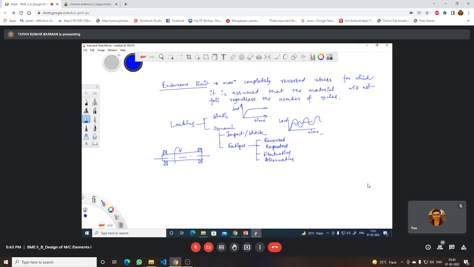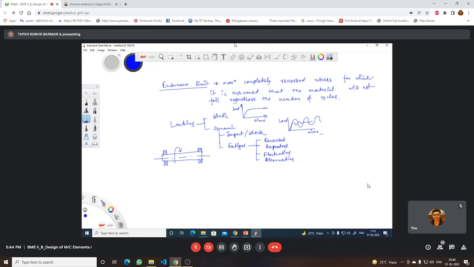Using yield point stress or ultimate stress will not work for a component subjected to fatigue loading, but using the endurance limit we'll try to design the component.